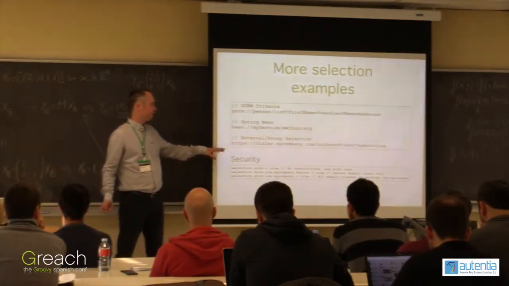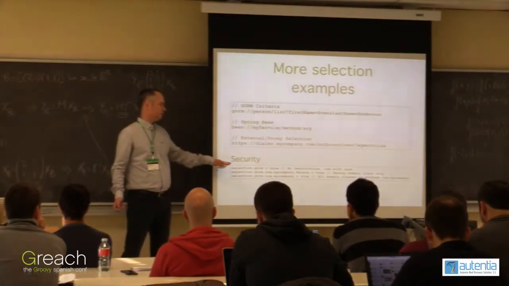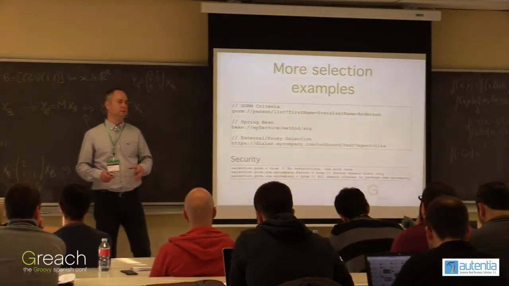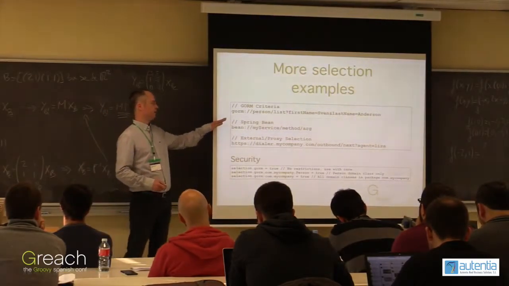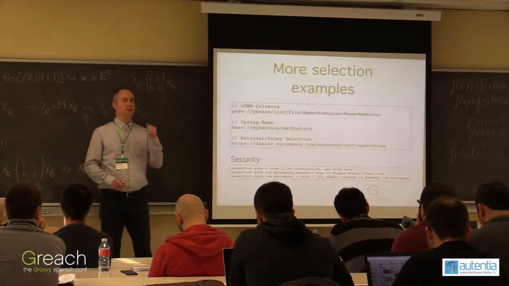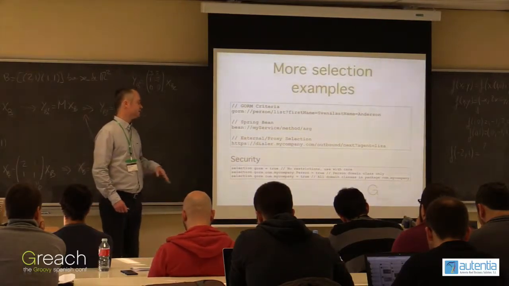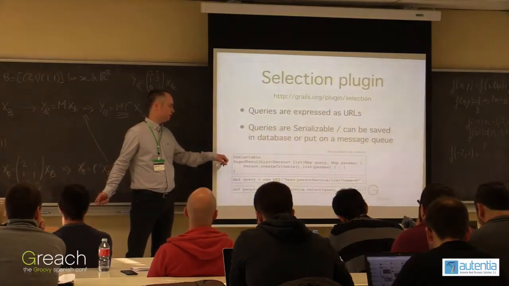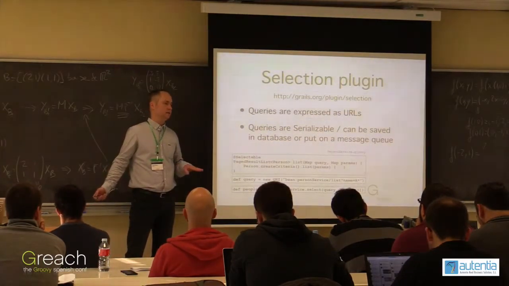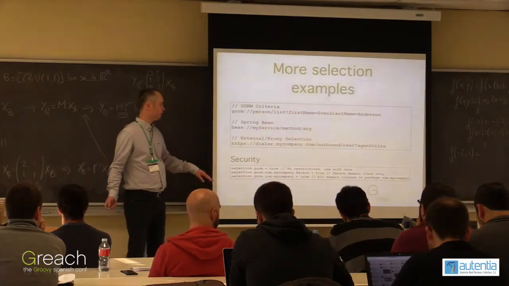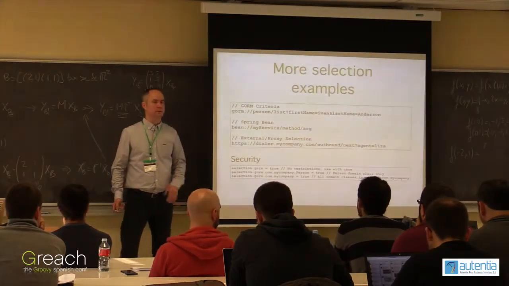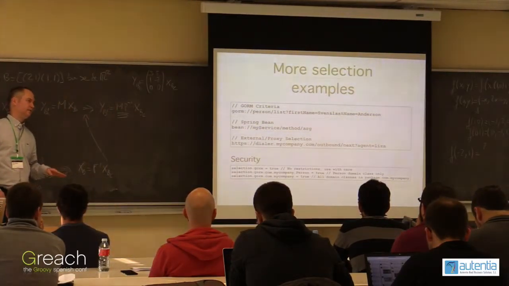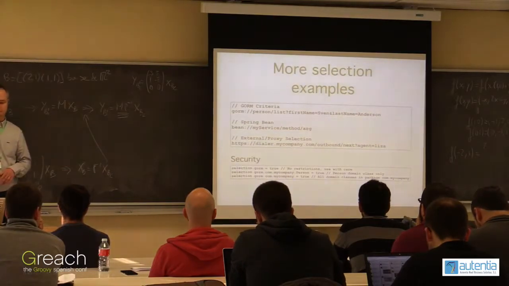If you don't have that annotation, it would make a huge security hole where you can specify a URL to access any service. So therefore, we need to have the selectable annotation on each method that you're allowed to call from the selection plugin. And also with GORM queries, you can restrict that to only specific domain classes.